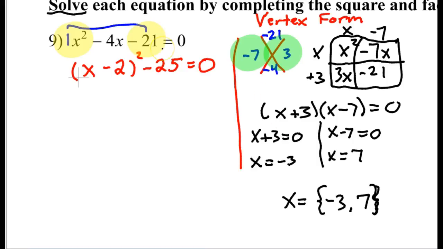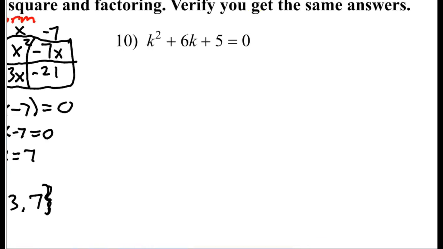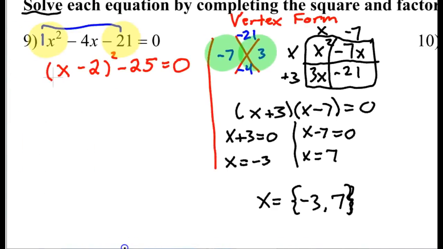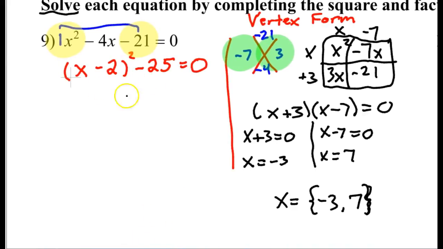So you're actually solving these both two ways, and at the very end it says verify that you get the same answer. Of course, if you solve a problem two different ways, it's the same problem, so you should get the same answer. So let's show you how to solve this and get these two numbers.